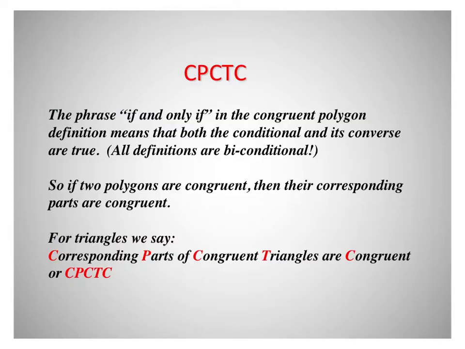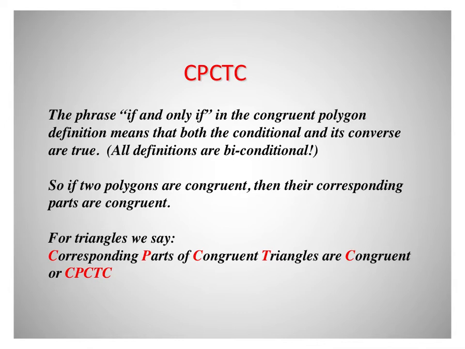Okay, CPCTC. So the phrase if and only if in the congruent polygons means that both the conditional and the converse are true. So if you remember, we did this last chapter. In all definitions, any definition in geometry in any math class is always biconditional, meaning the converse and the conditional are both going to be true statements.